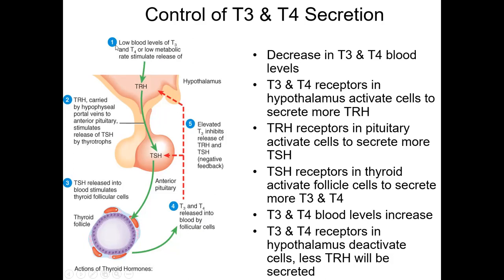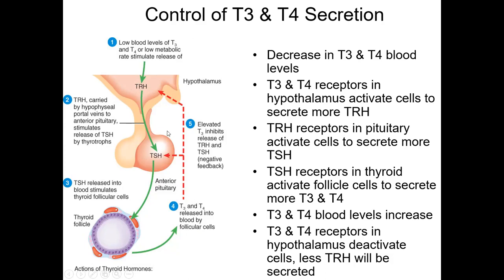If, as this scenario indicates in step number 1, the thyroid hormone level is too low, the hypothalamus will secrete TRH, thyrotropin releasing hormone. That instruction will go to the anterior pituitary, which will make thyroid stimulating hormone, TSH, and that hormone will go to the follicular cells, forcing them to make more T3 and T4.